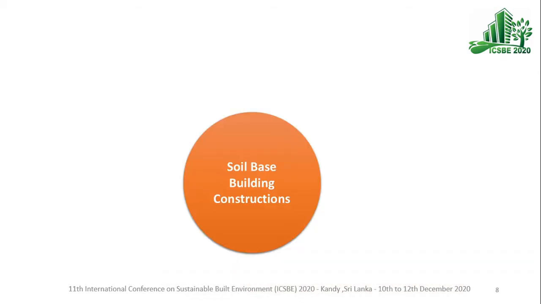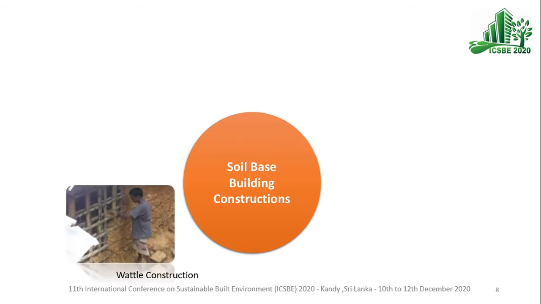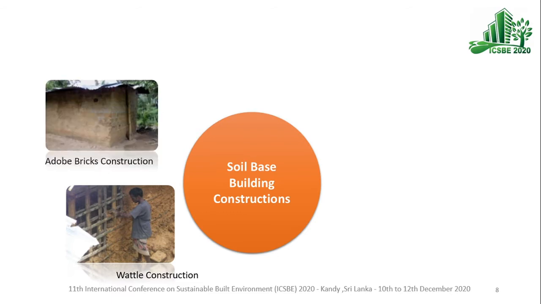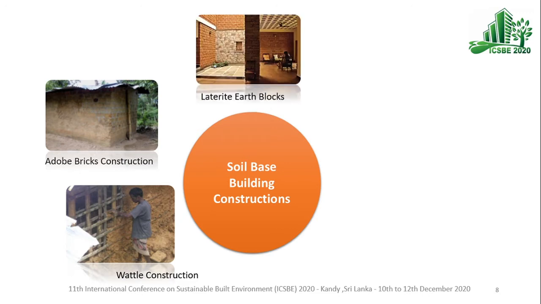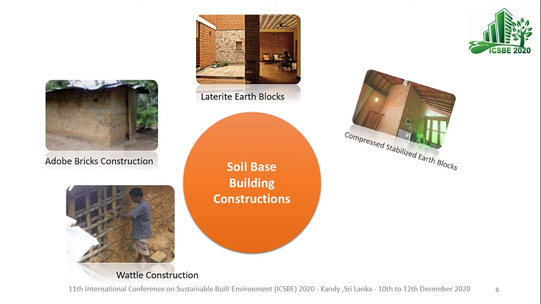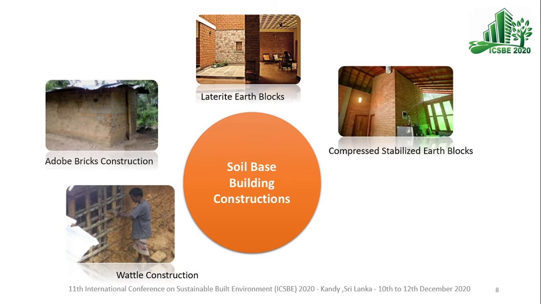When we look at soil-based building construction, wattle construction is the most popular in the rural sector. Most of the houses are built from wattle, which we call varichi. Then there are adobe bricks or sun-dried bricks, laterite earth blocks, and CSEB, compressed stabilized earth blocks, now popular in the construction industry.